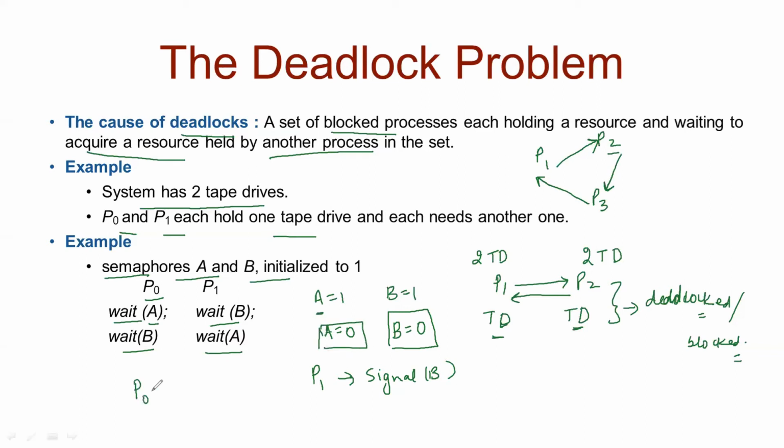P1 will wait till P0 issues signal A. But now this event, signal B, is possible when P1 will get A. But P1 cannot get A because P0 has issued wait A, and P0 can only execute when P1 will issue signal B. So both are waiting for each other to release the locks. So these two processes are in deadlock. Okay.